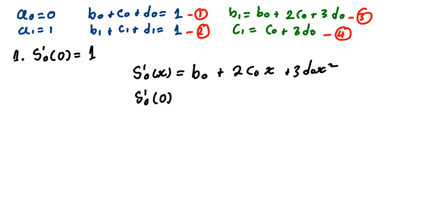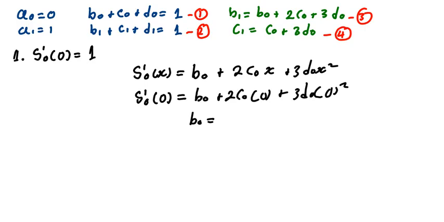Evaluating at 0, you're going to have b naught plus 2c naught multiplied by 0 plus 3d naught by 0 to the power 2, which are zeros here. So what does this tell us? This tells us that our b naught is equal to 1, because you equate this to that, and this is equal to 1. That gives us some information. So our b naught is equal to 1.